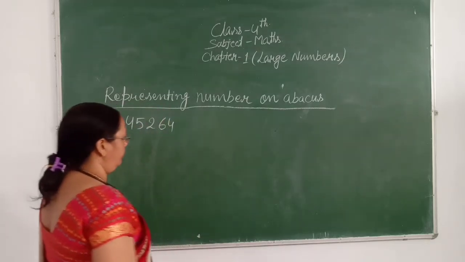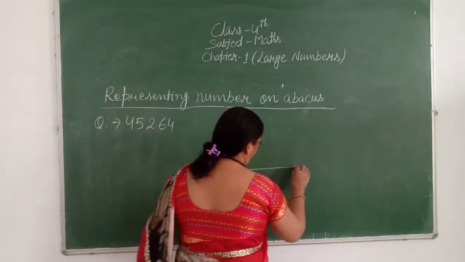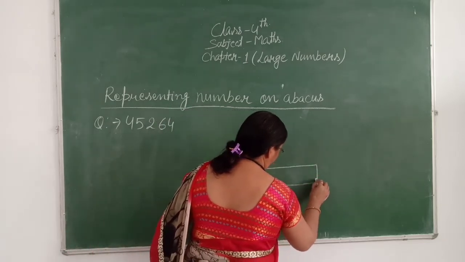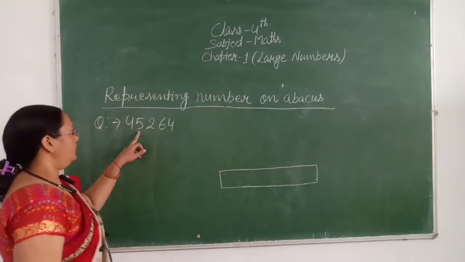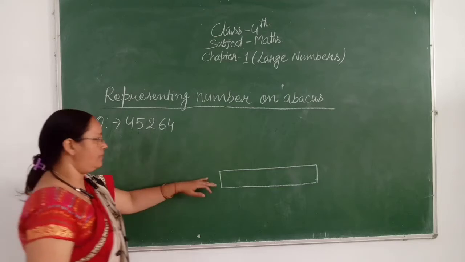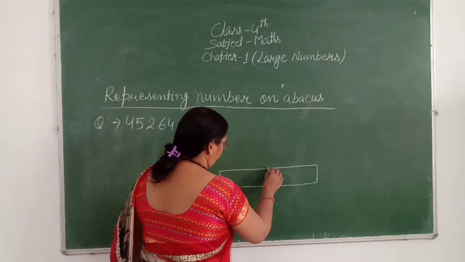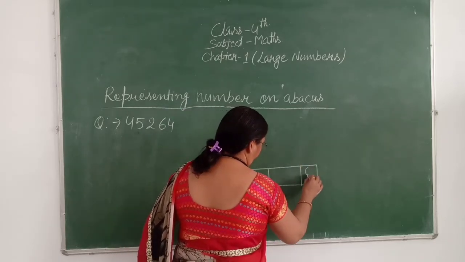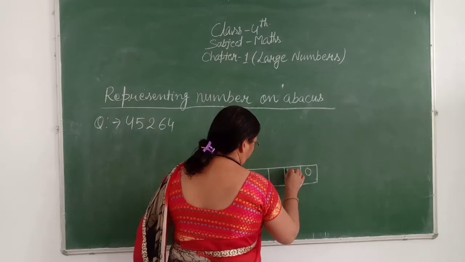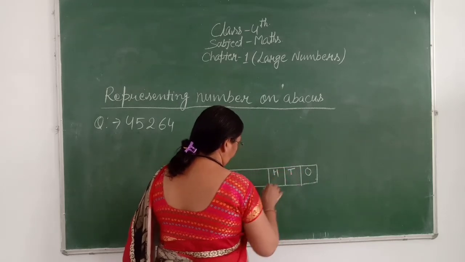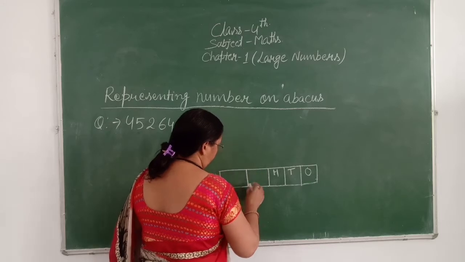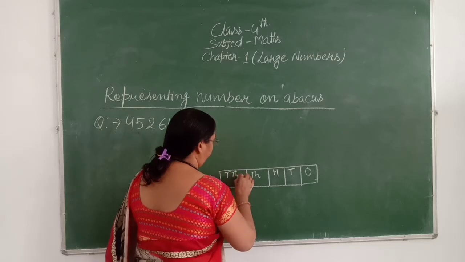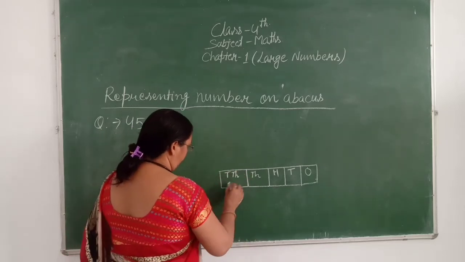So students, at first we draw the period. हमें 45,264 को abacus पे दिखाना है. तो सबसे पहले ones, tens, 100, 1000, 10,000 मेंशन कर लेंगे.